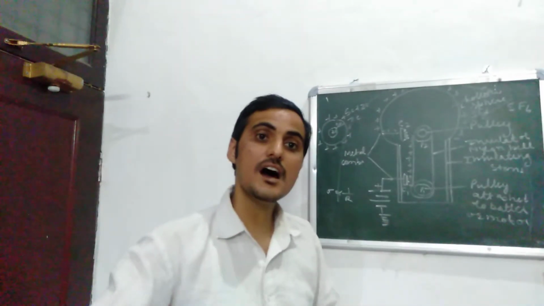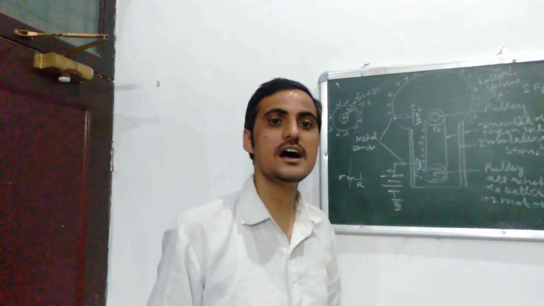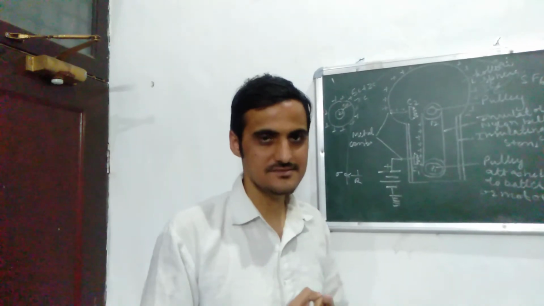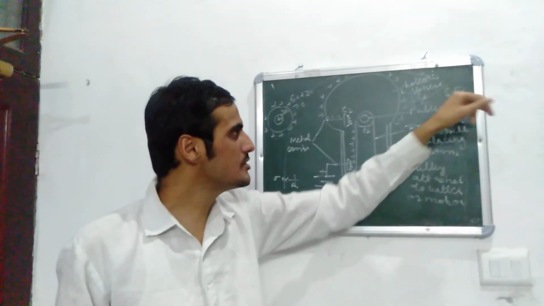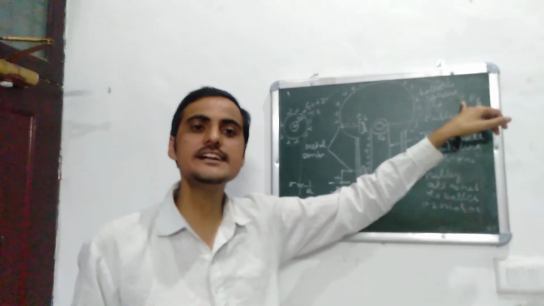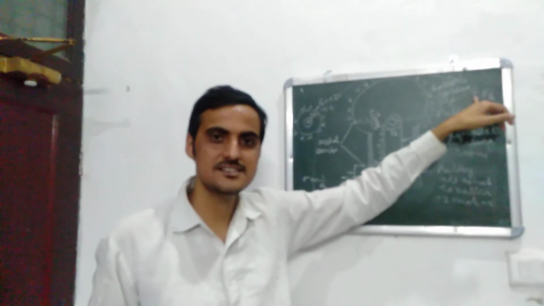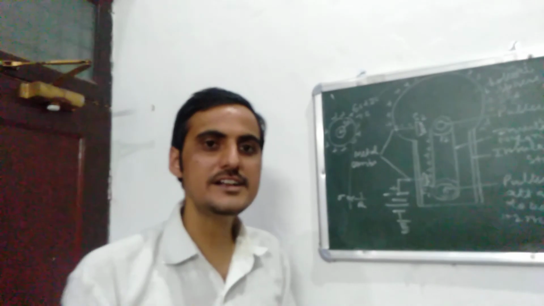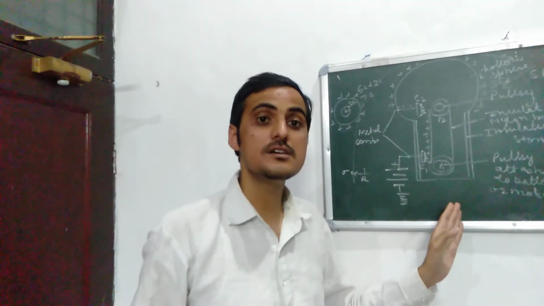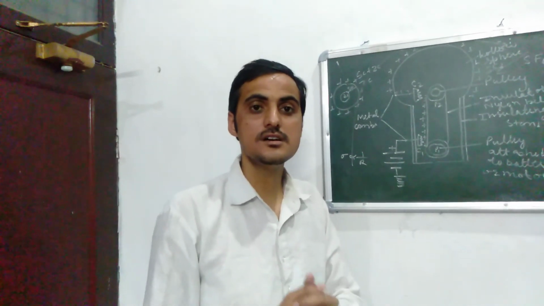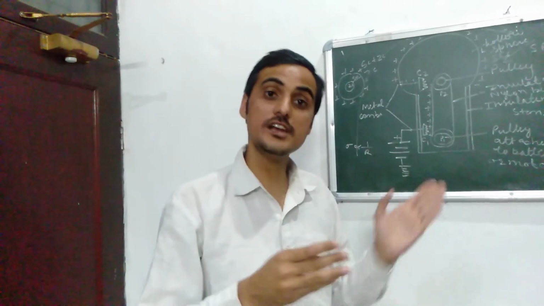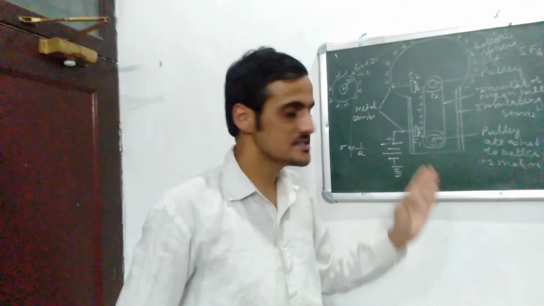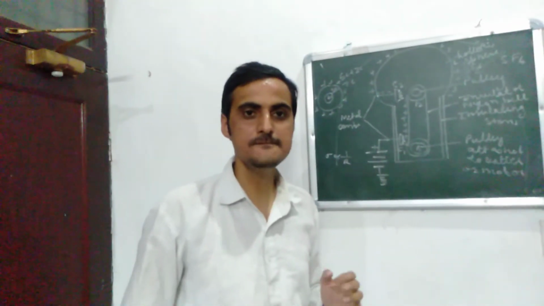To get the highest potential and a constant potential, we add the insulating gas SF6 in the whole chamber. To prevent air breakdown, SF6 is added to it. This is the whole principle of the Van de Graaff generator.